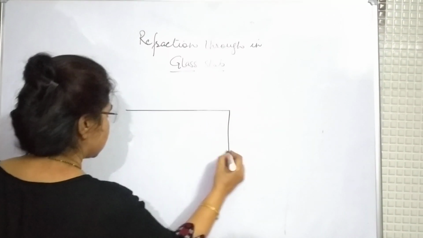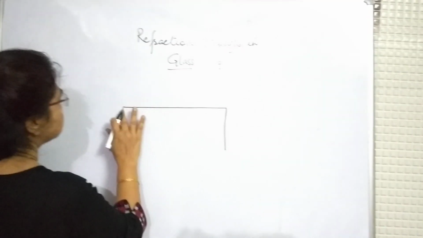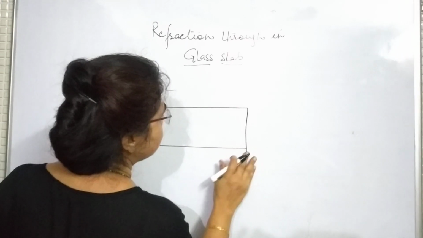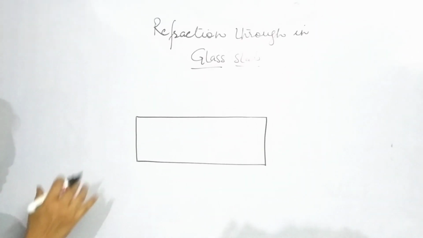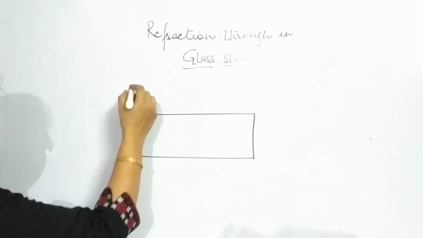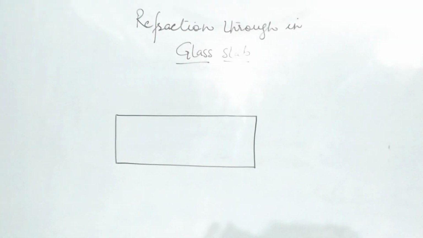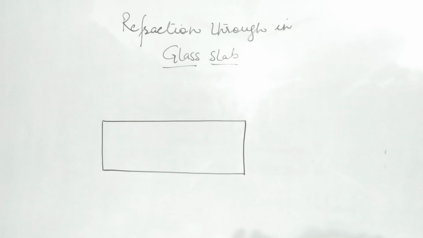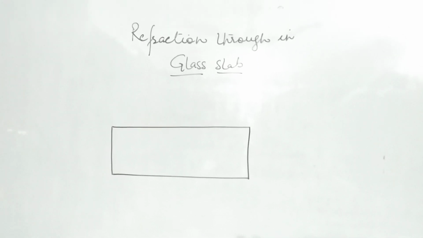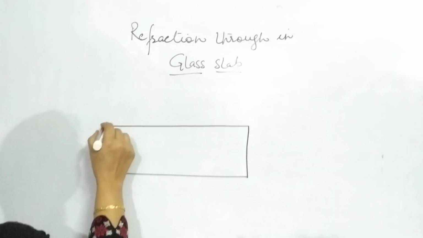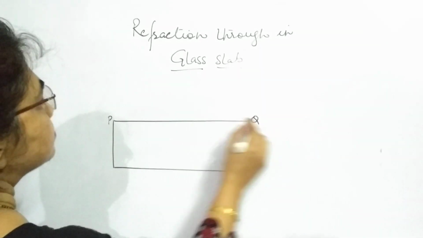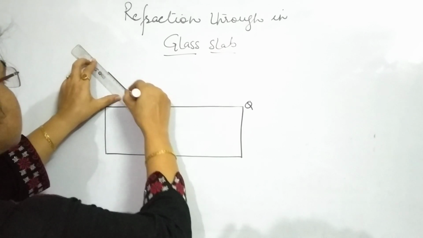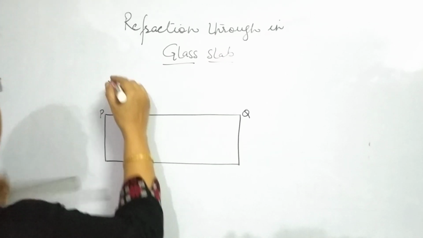So firstly I will consider this glass slab, of rectangular shape. Otherwise it is a 3-dimensional figure, a cuboid, but I just take the front face. Suppose this is the first surface PQ, and this is the incident ray AO.